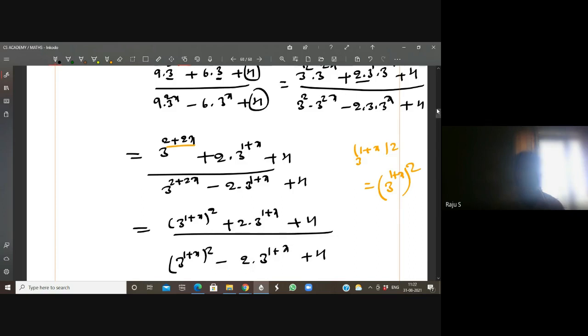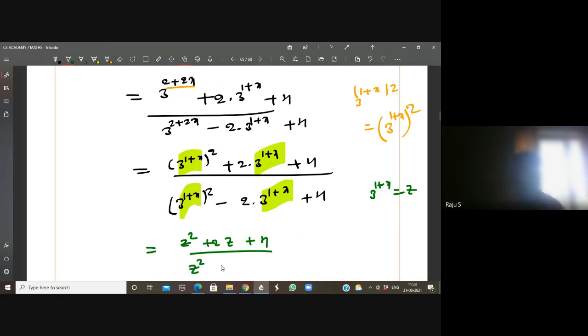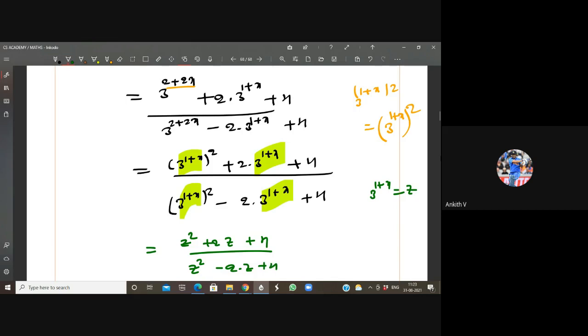When I consider 3 power 1 plus x, you can consider it as some other variable like lambda or z or y or k. If I take 3 power 1 plus x equal to z, it looks like z square plus 2z plus 4 by z square minus 2z plus 4.